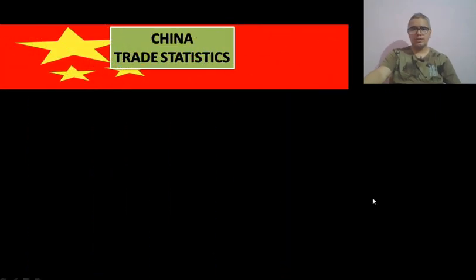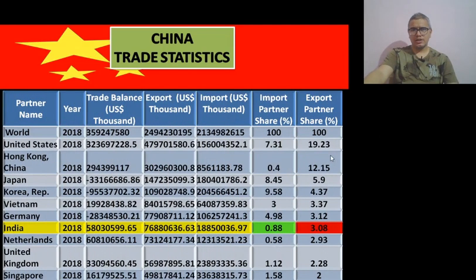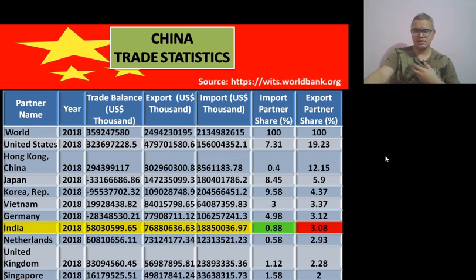Now if we compare India's scenario with China's trade statistics, then we see whatever call we are hearing right now in news channels, televisions, radios, newspapers, etc., we are being asked to boycott Chinese products.